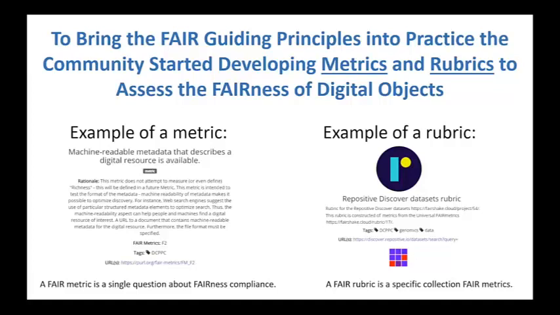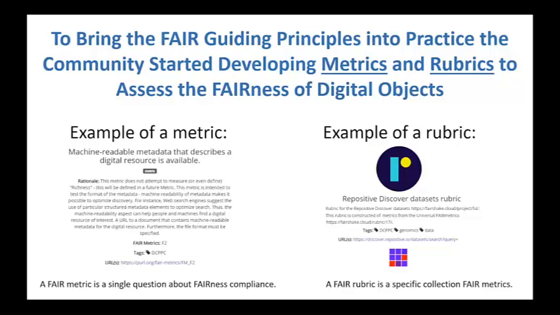So the community started to develop what we call metrics and rubrics that can be used to assess the fairness of digital objects. So a metric is not what is used in a typical mathematical type of reference.